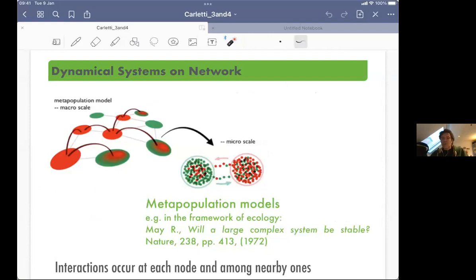That is, you can use a differential equation inside each node, but now you don't have this flowing of people or agents across the links, you only have interaction among nearby nodes. So you react on the nodes and you interact via nearby nodes.